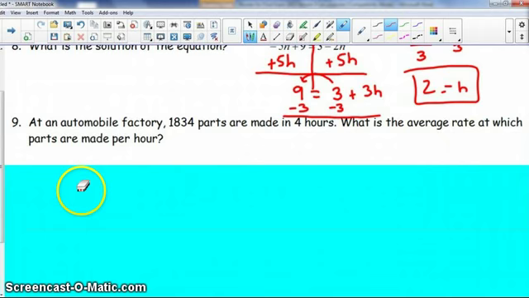Number 9 says at an automobile factory, 1,834 parts are made in 4 hours. What is the average at which they are made per hour? So we know we have 1,834 parts in 4 hours.